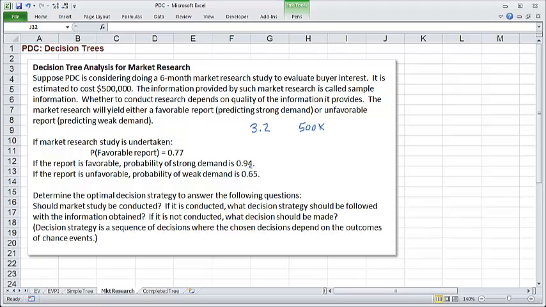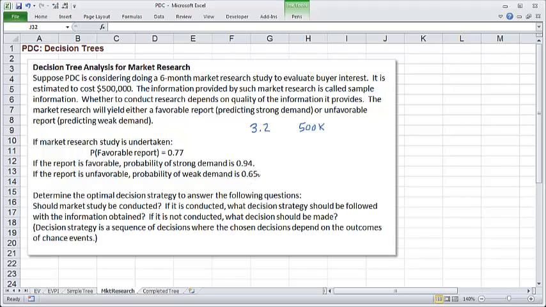It's not quite 100%, indicating there is a small chance the prediction will be wrong. Now, if the report is unfavorable, then the probability of weak demand is 65%. So even if the report is unfavorable, it doesn't necessarily mean there will definitely be a weak demand.